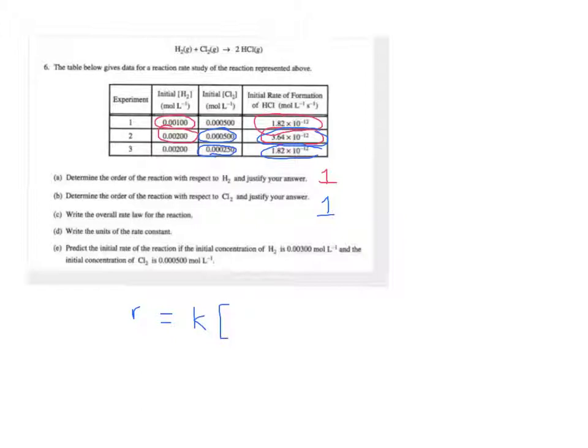And from part A, we know that the order of the reaction with respect to H2 is 1. And from part B, we know that the order of reaction with respect to Cl2 is also 1. So our overall rate law is simply this.